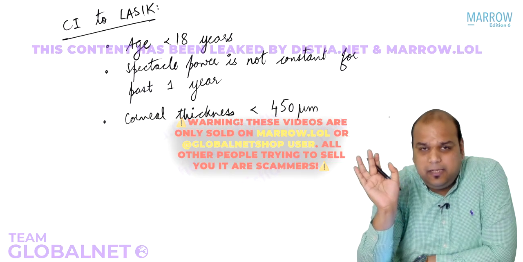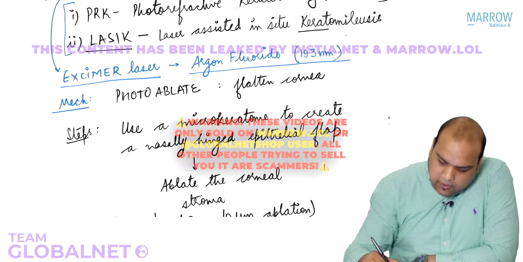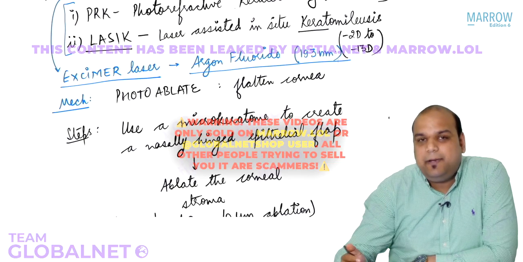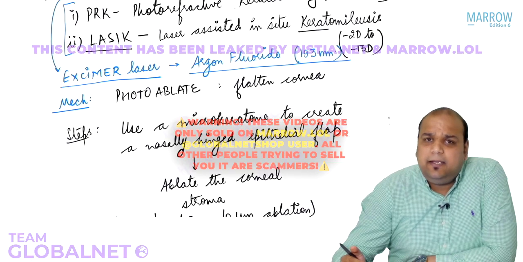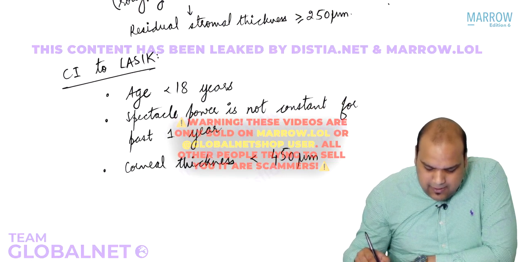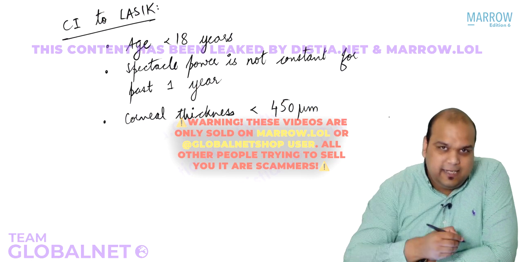I hope I am absolutely clear about this. Okay? LASIK can be done for -2 diopter to -13 diopter. So it has a larger range, everybody. -2 to -13 diopters. No confusion about this, everybody? We understand the laser surgery, how it is done, what is the laser and what are the contraindications.